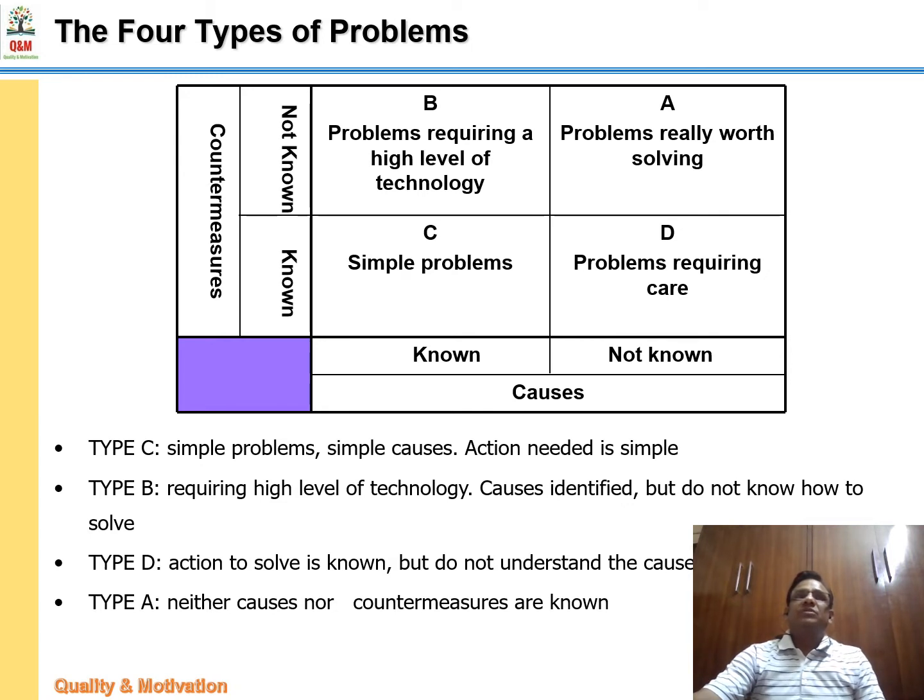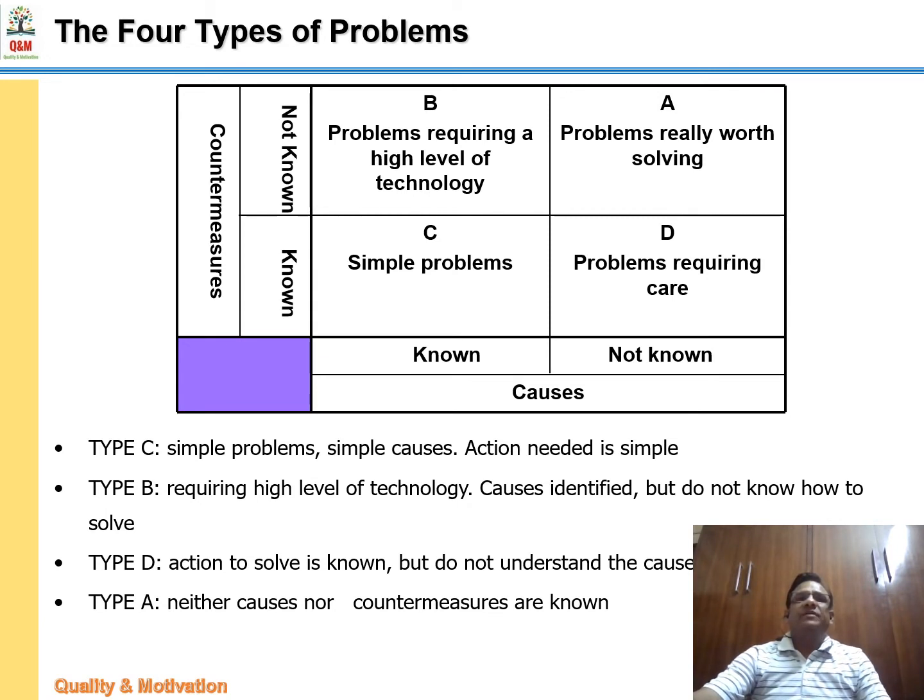We have to use systematic problem solving technique to solve such type of problem, like 8D methodology, YY analysis technique, and 7-step systematic problem solving technique.